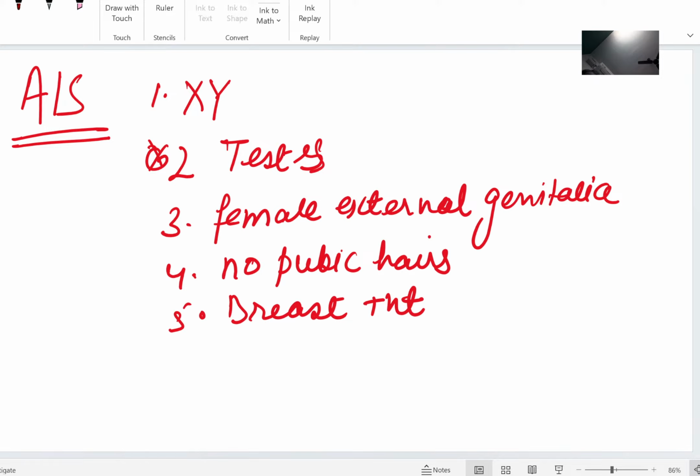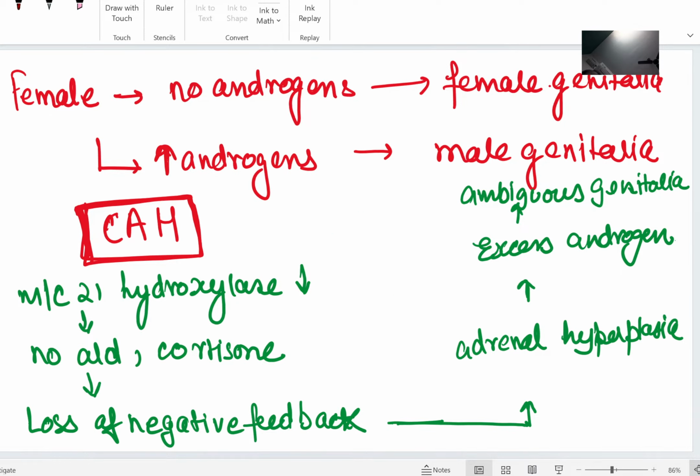Okay. Now let us see female. In the case of the female, if there are no androgens, then female external genitalia is formed by the genital tubercle and genital swellings, because there is no androgen in females.